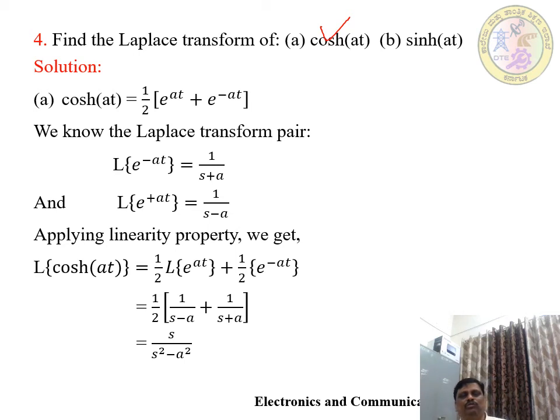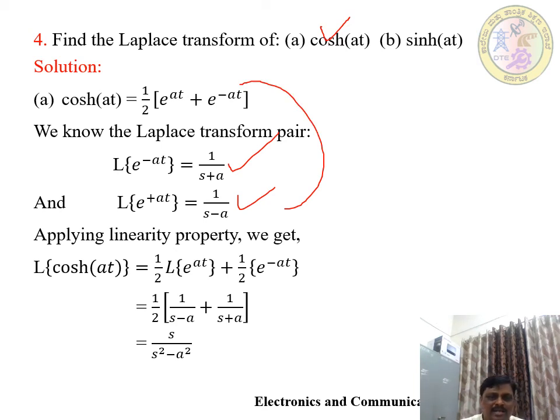As you all know from the LT pairs I mentioned in the first session, LT of e to the power of minus at is equal to 1 by s plus a, and LT of e to the power of at is equal to 1 by s minus a. The same thing you can write here using the linearity property.